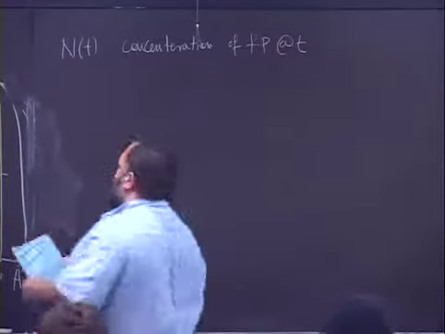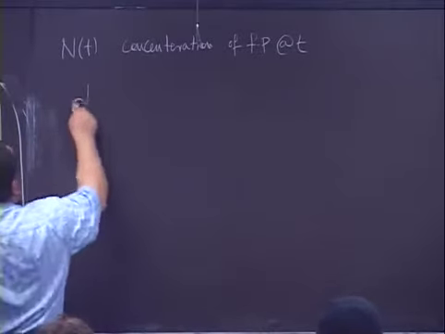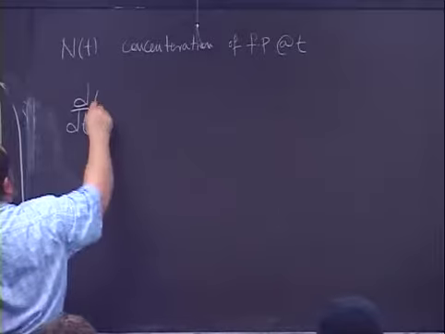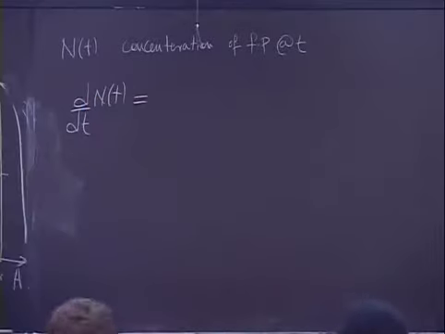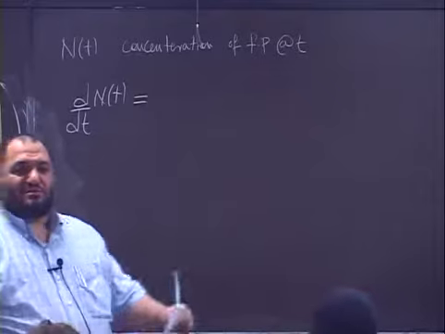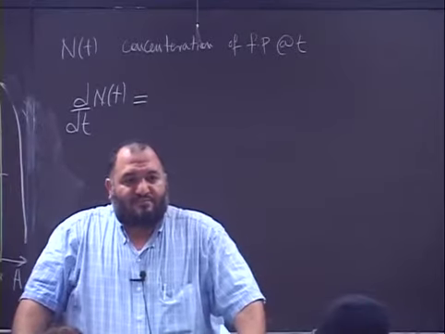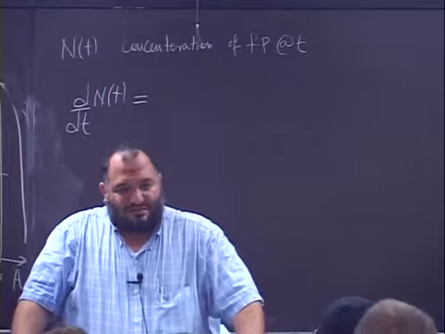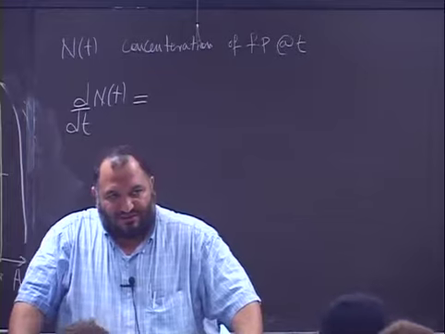So what will be the differential equation that will give us the time rate of change of N of t? dN of t by dt will be equal to what? Accumulation minus destruction, or production minus destruction, source minus losses.